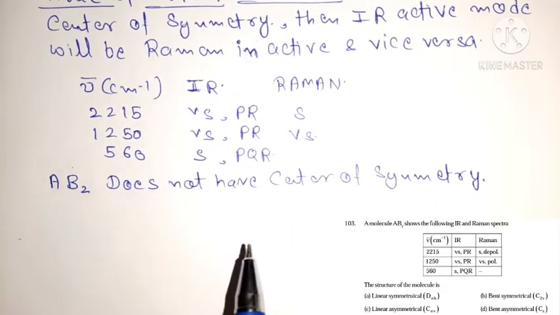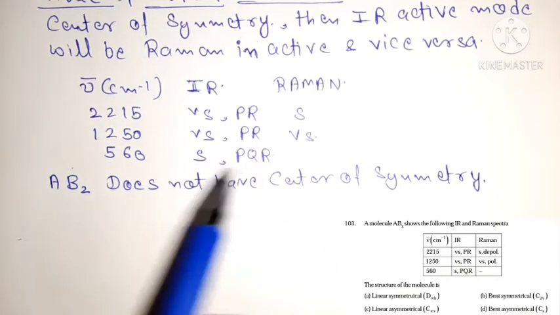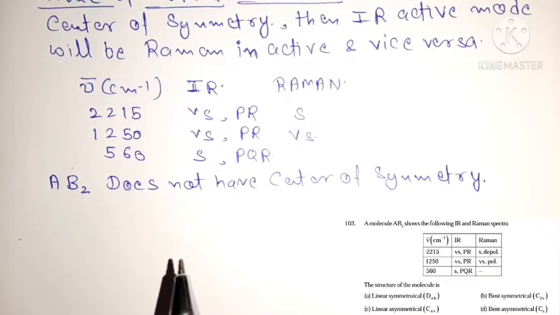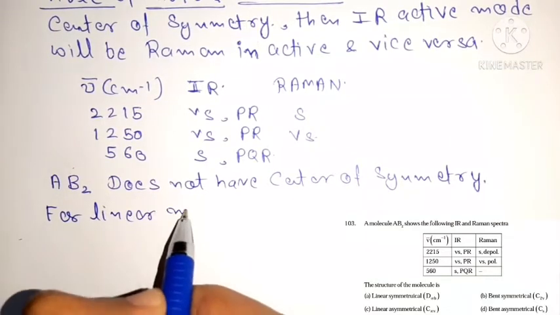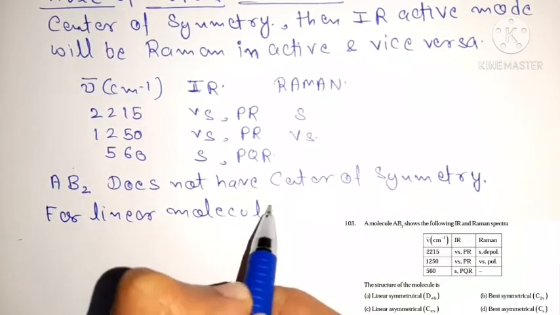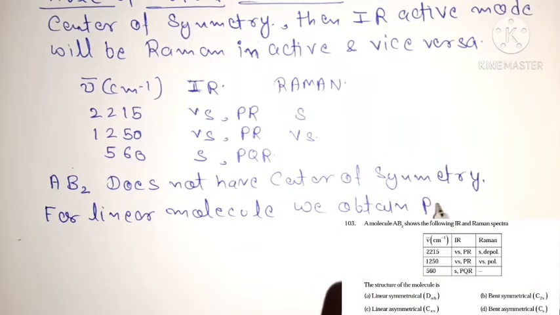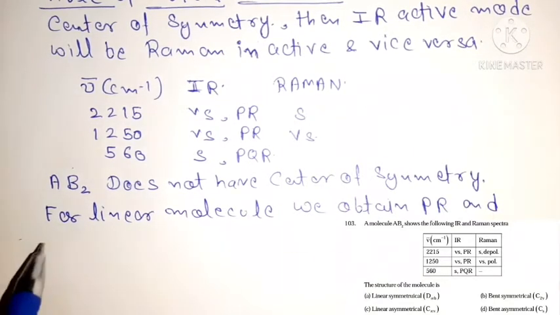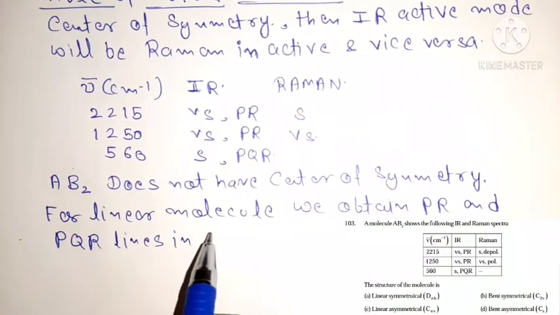Now after that you see that the IR data has PR lines and PQR lines, and we know very well that for a linear molecule we obtain PR and PQR lines in the IR spectrum.